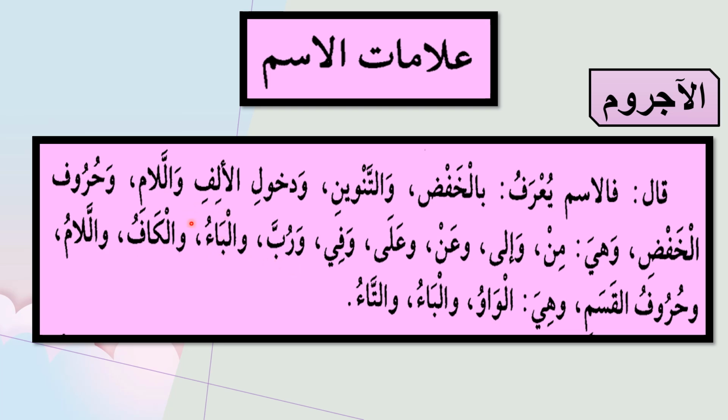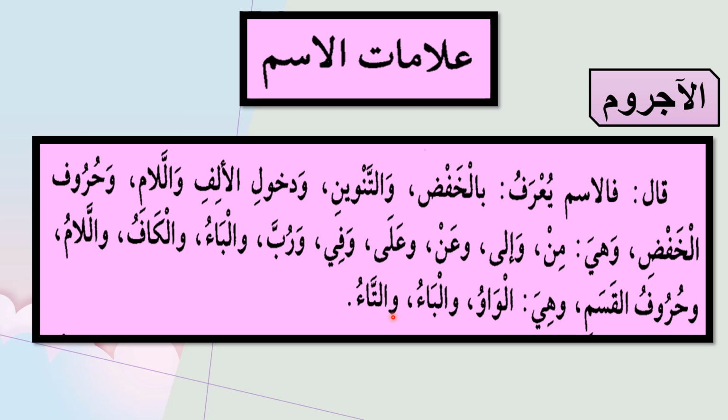So ba, kaf, lam are all single letter harf jar. Huruf al-qasm, as you know, is waw al-qasm, but there are two more. The other two are the ba and ta. All these three letters, waw, ba and ta, come for al-qasm.